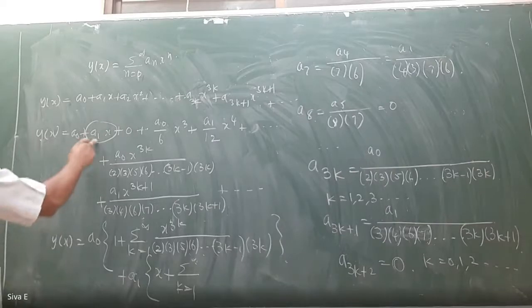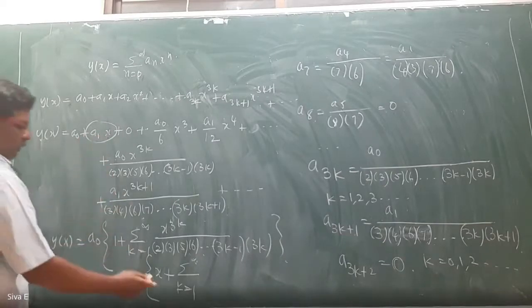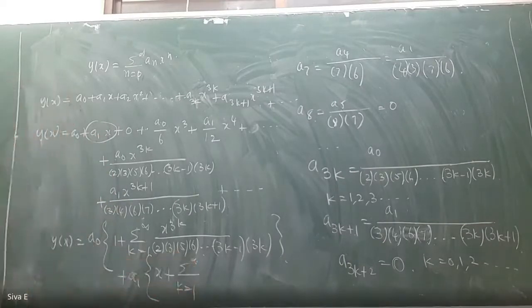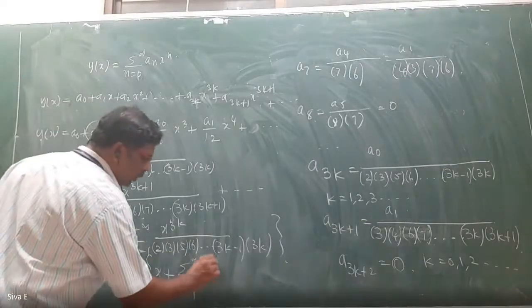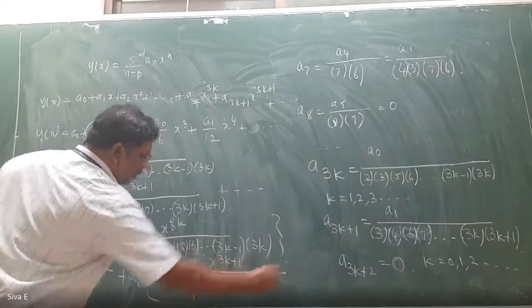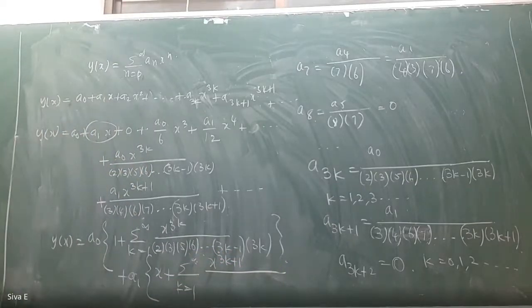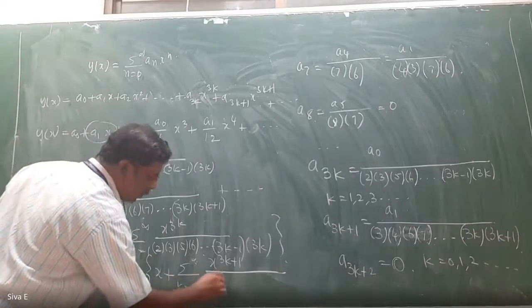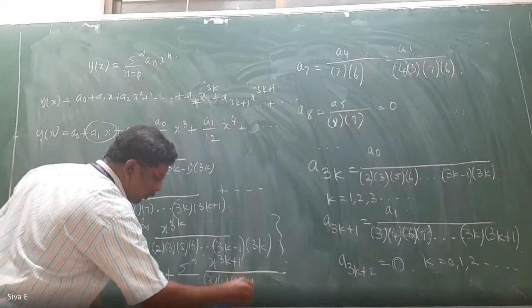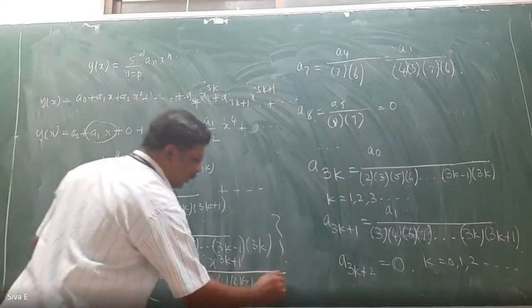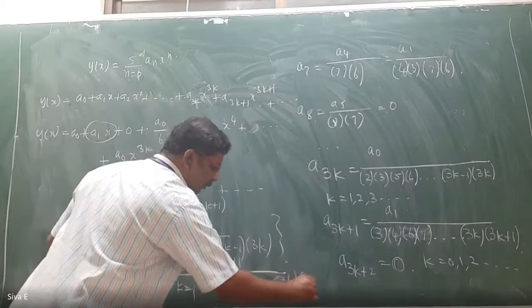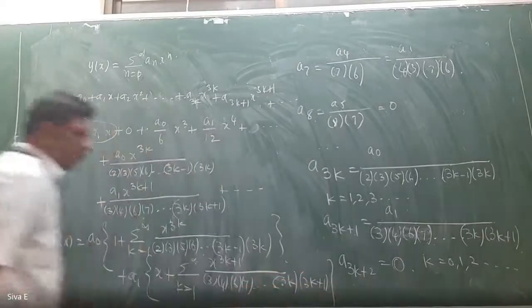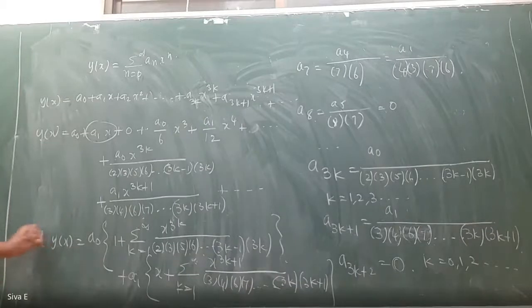Therefore, if you are taking that a1 outside, then x plus summation of k equal to 1 to infinity x power 3k plus 1 divided by 3 4 6 7 etc. 3k into 3k plus 1. This is the required answer.